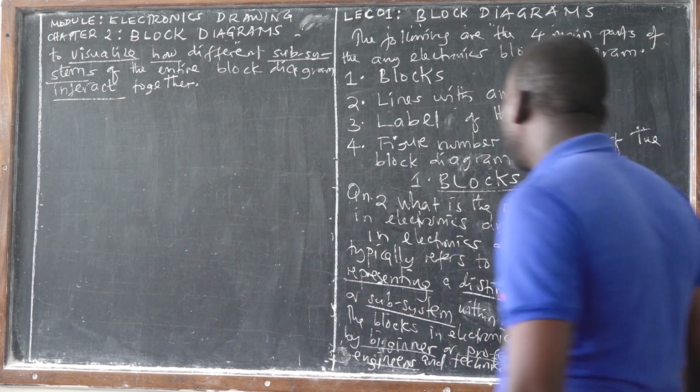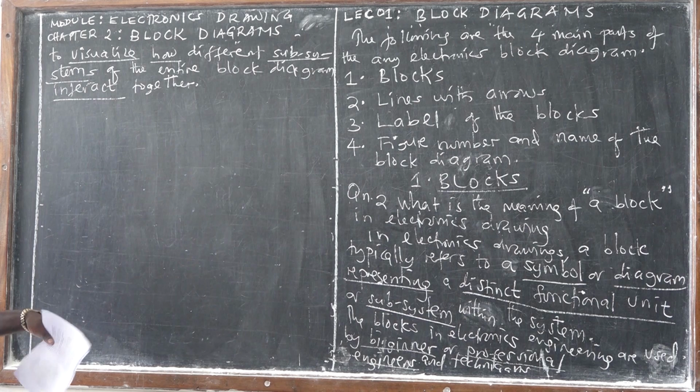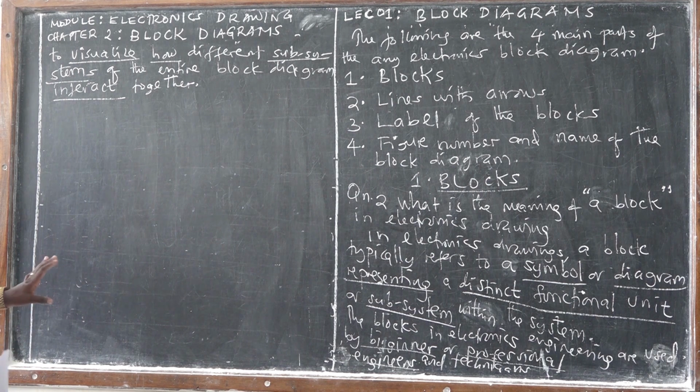So this is a very important sentence, because once you know the definition of blocks, the next question is: why do you need them in electronics? They can help you visualize the functionality and the operations of the system. Are we together?